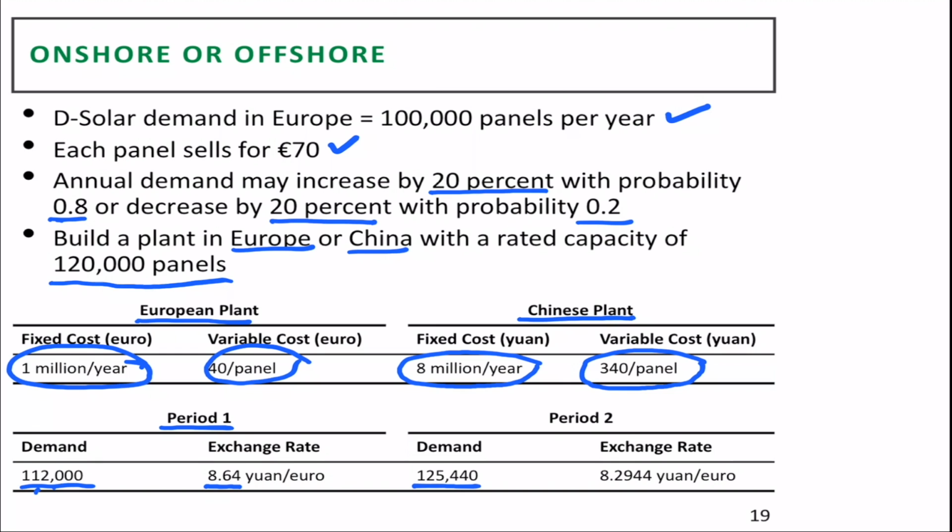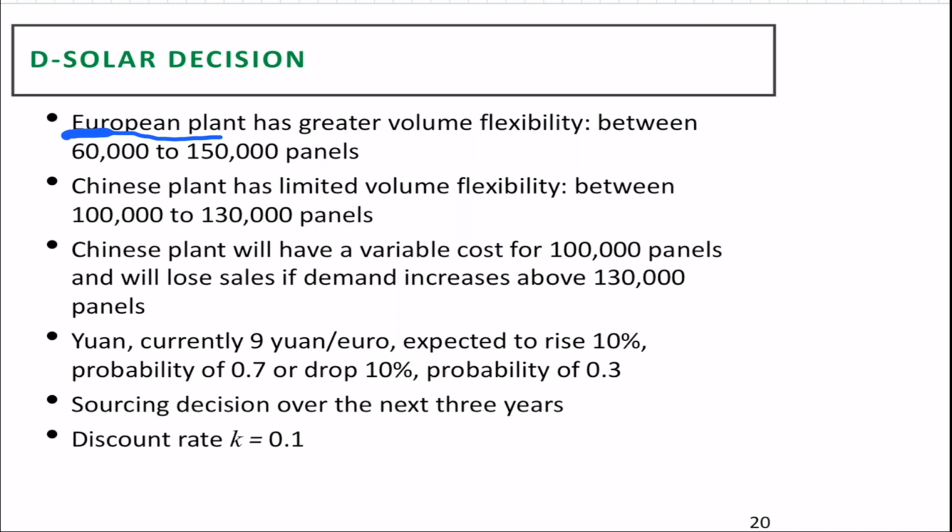whereas in period 2 demand is expected to be 125,440 with exchange rate of 8.2944 yuan per euro. If they make a European plant, it is likely to have greater flexibility, and they'll be able to produce between 60,000 and 150,000 panels.